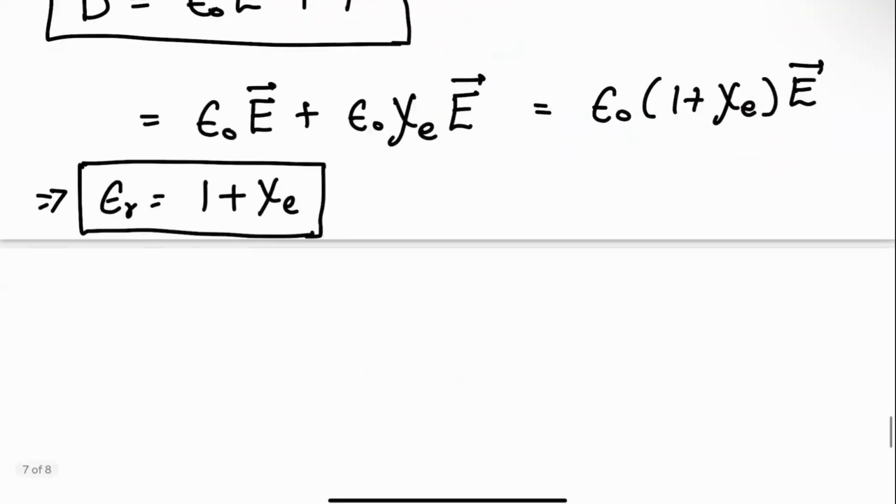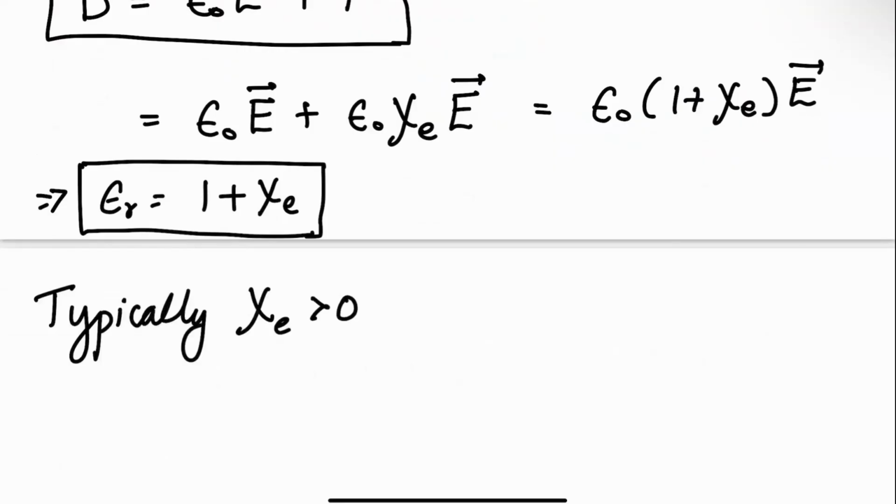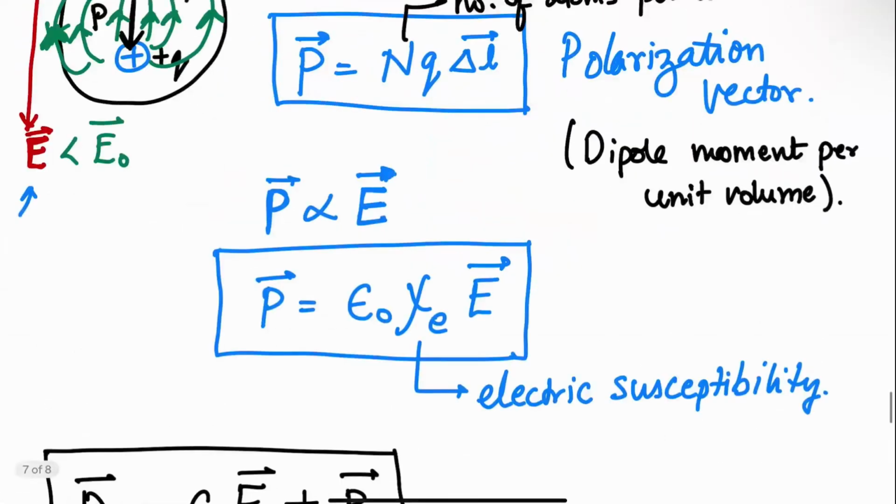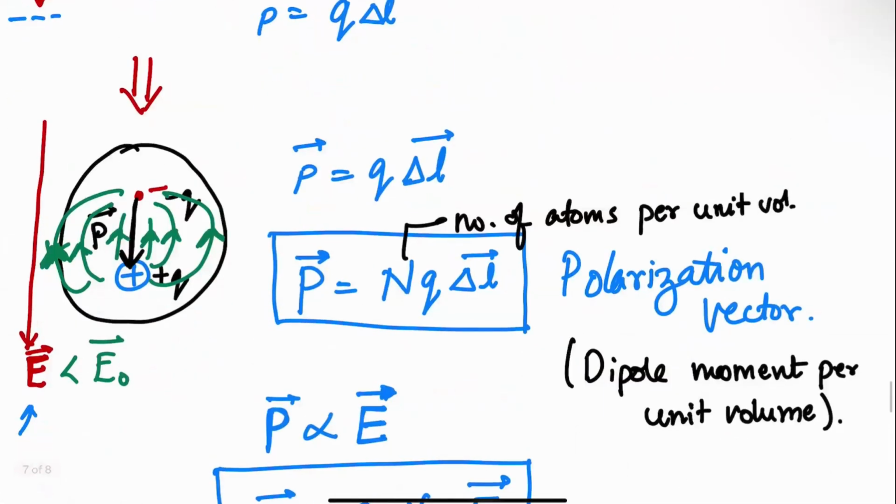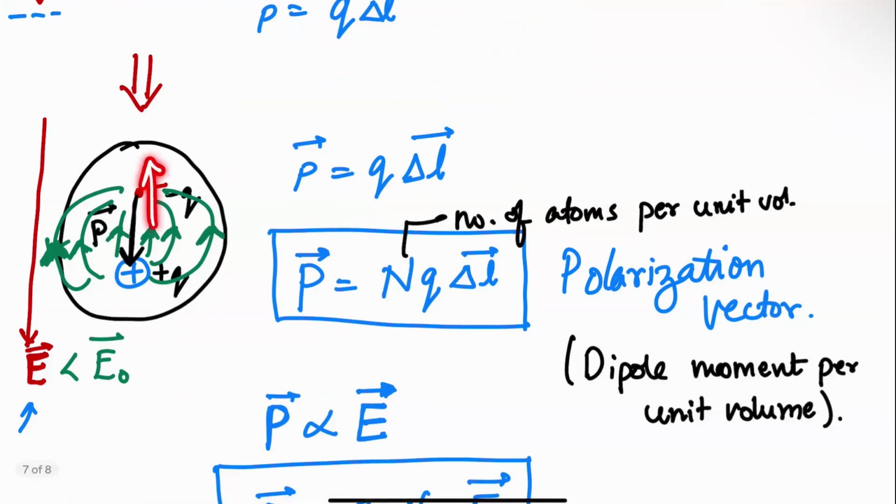So typically, chi_E is greater than 0. Because, of course, if you think about it, when you apply an electric field, the electron does want to move in the opposite direction to the applied electric field, and this positive charge wants to move in the direction of the electric field, right? Because it's attracted to this negative charge up here.